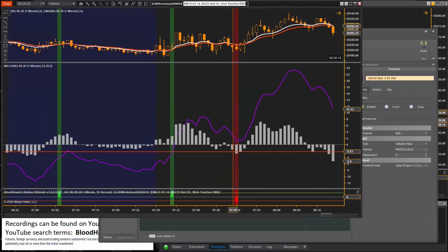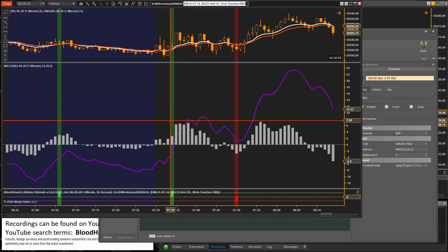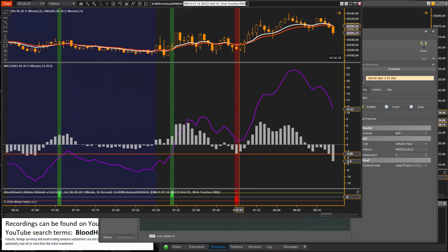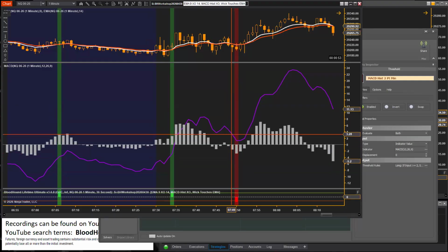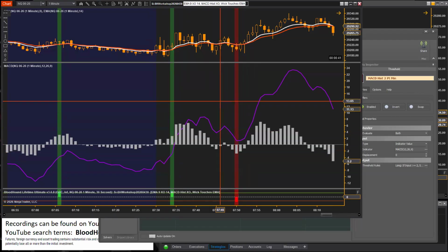And I think we can probably even extend it to this long signal and that long signal as well, for some more examples of blocking a signal when one of the MACD lines starts reversing in the opposite direction of the signal itself.